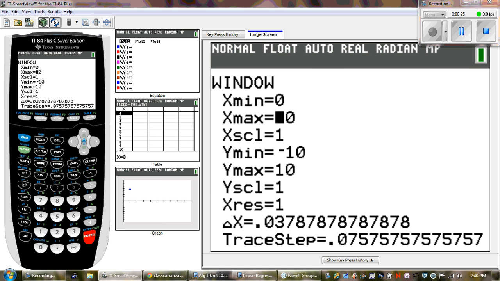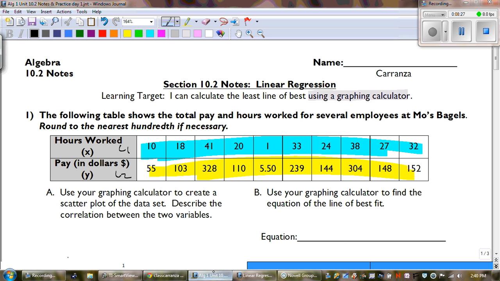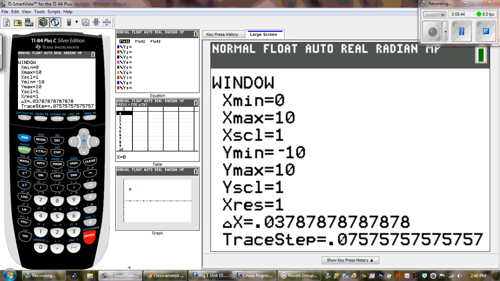I'm going to look here, and what is the highest x value that we have? Well, the highest x value that I see is 41. For my graph, I want it to be just a little bit higher than 41. So I'm going to put 45 because I like nice numbers, and 45 seems like a nice number to me.